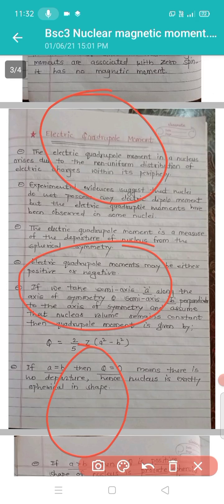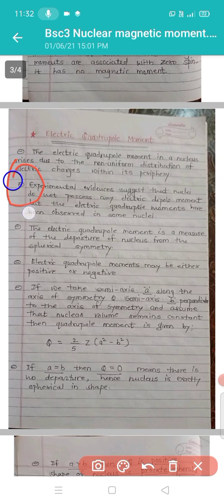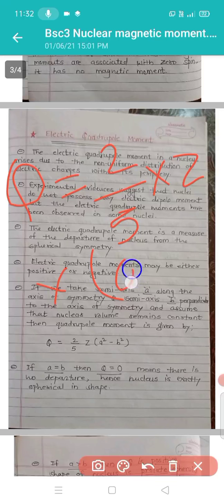If we take a semi-axis A along the axis of symmetry and semi-axis B perpendicular to the axis of symmetry, and assume that nuclear volume remains constant, then the quadrupole moment is given as Q is equal to 2 by 5 into Z into (A square minus B square).